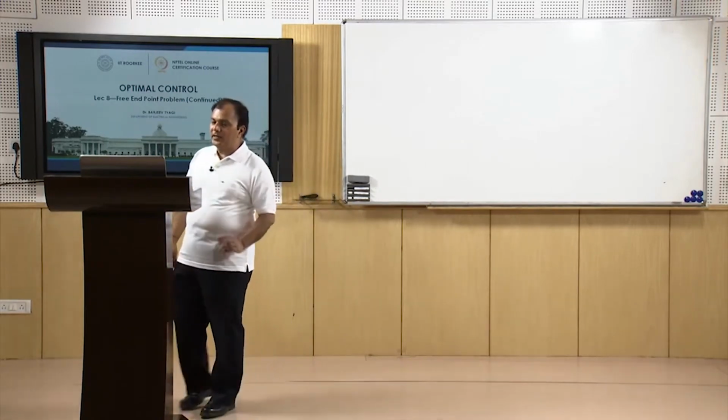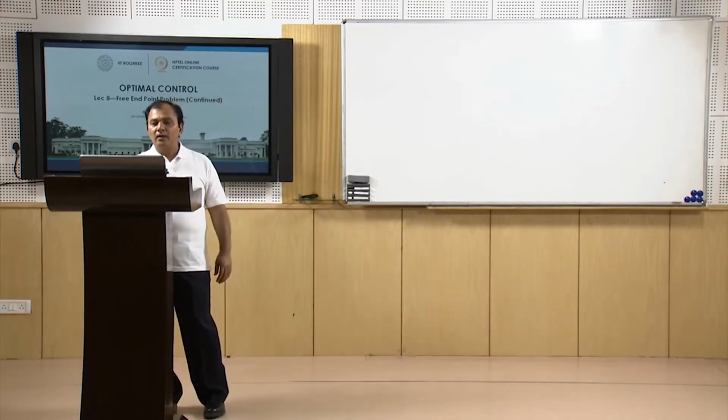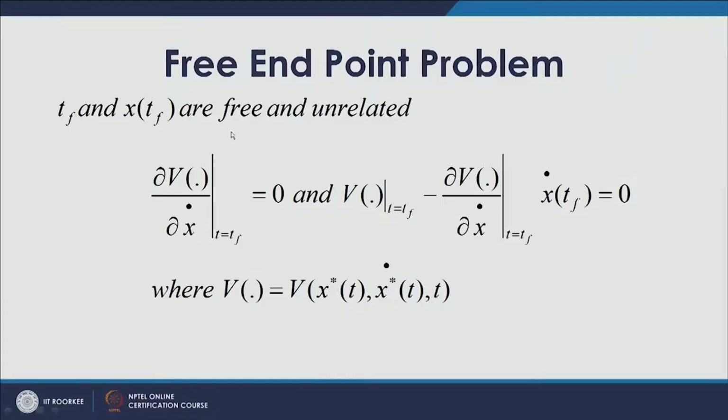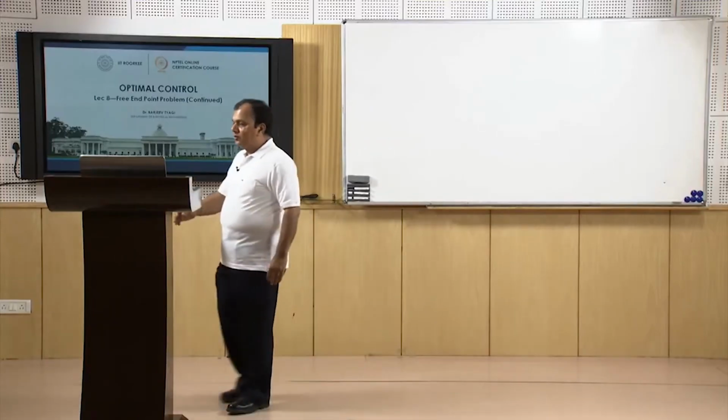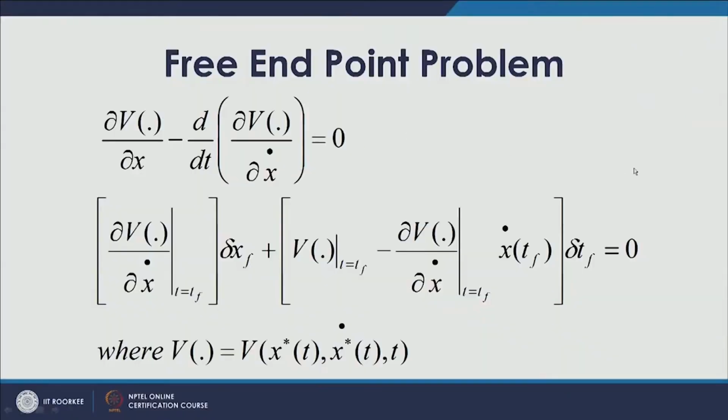So, today we will take case 4, in which my tf and x(tf) are free. If tf and x(tf) are free, we have my general condition, which is given by these two equations. My first equation appears in the similar manner, which will be my Euler equation, and the terminal condition will be given by the second equation.